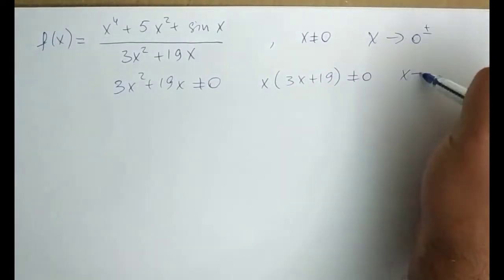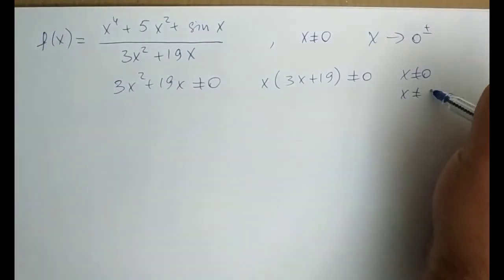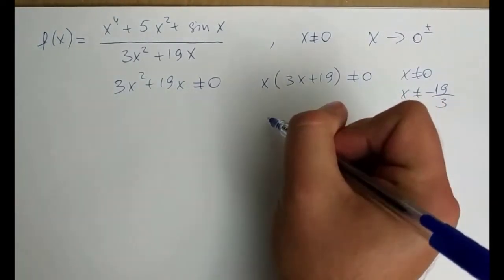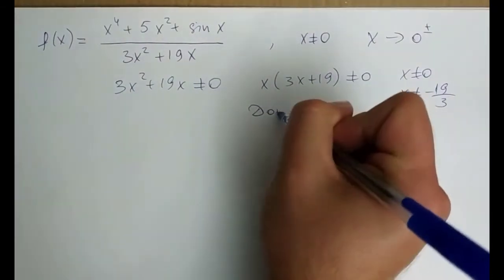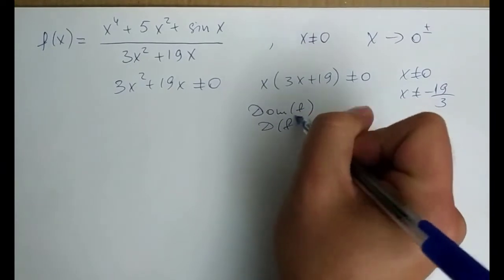It is x is not equal to 0, and x not equal to minus 19 over 3. So this is the domain. We can write domain of f, or just D f notation.